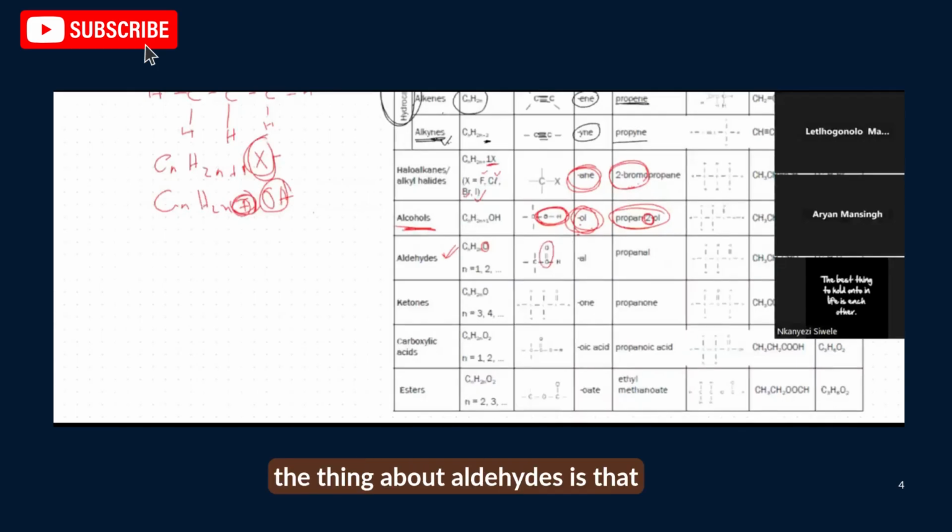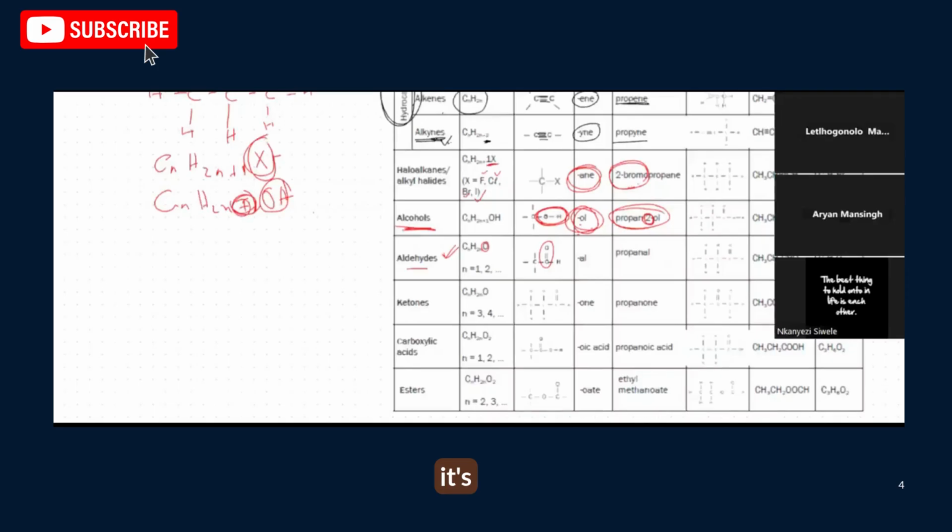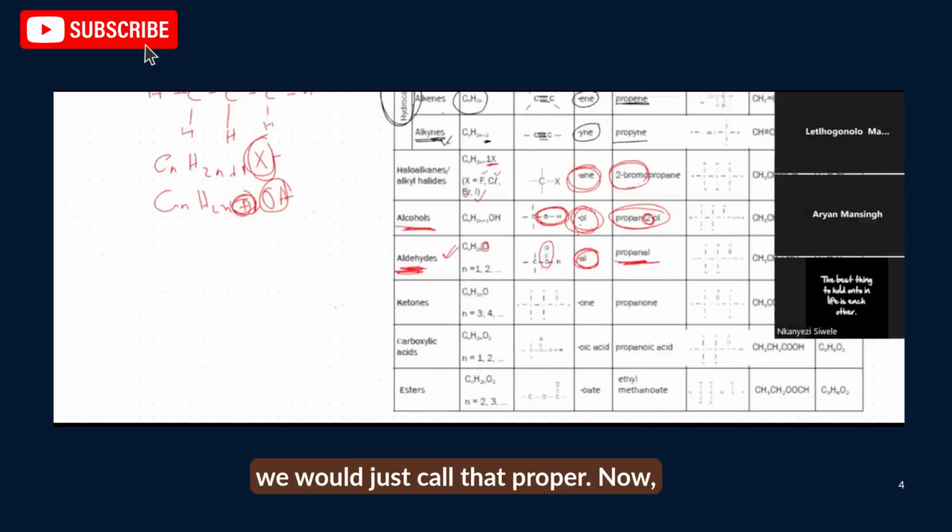Now, the thing about aldehydes is that it's only an aldehyde if the oxygen is attached to the last carbon. It's only an aldehyde if the oxygen is attached to the last carbon. And in terms of naming, we will write an al as our suffix. As you can see here, if we had an aldehyde with 3 carbons, we will just call that propanal.